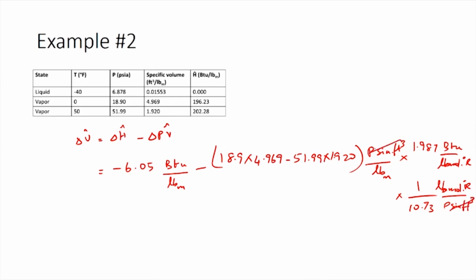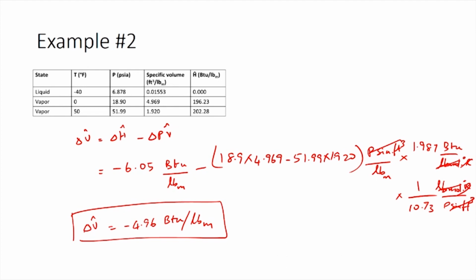So, the PSIA feet cube get cancelled, pound moles degree Rankine get cancelled. So, the units for this term now become BTU per pound mass. So, using this you can get the final value for delta U cap as minus 4.96 BTU per pound mass. So, this is the change in specific internal energy for the process of cooling this vapor from 50 degree Fahrenheit to 0 degree Fahrenheit.